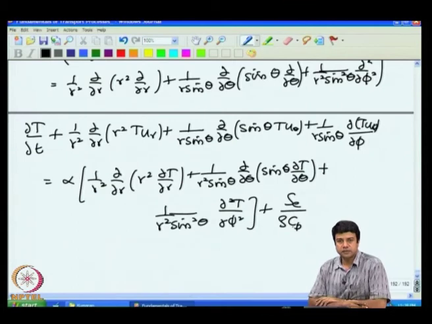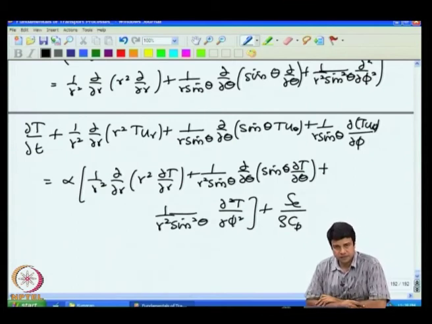So, that is the conservation equation for energy in a spherical coordinate system.